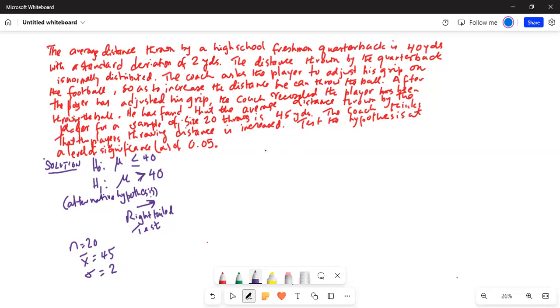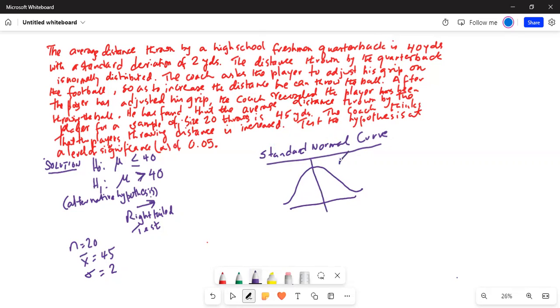Now I'll draw a standard normal curve, which is basically a Z curve. So this is the standard normal curve or Z curve.